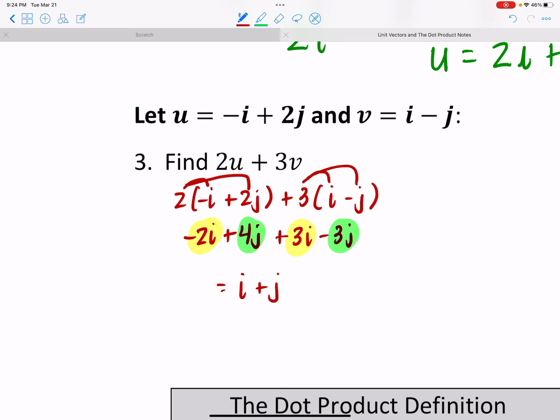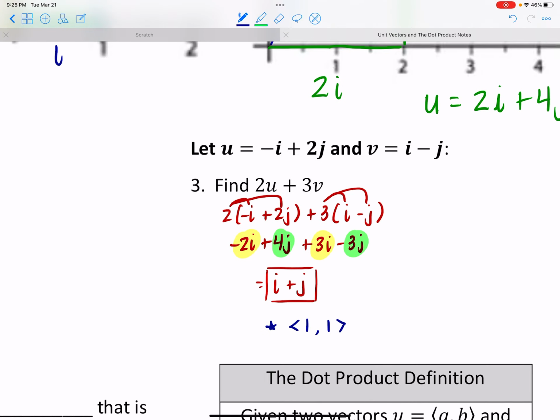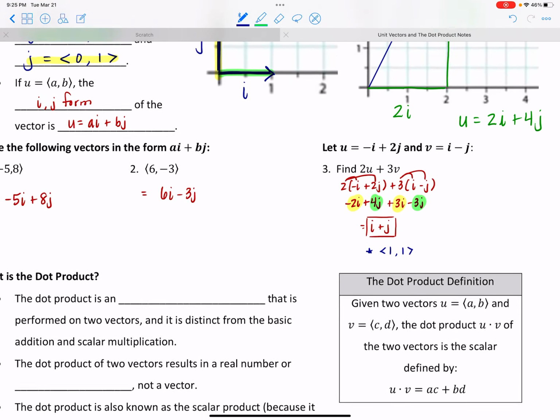So i plus j would be the result of 2u plus 3v. And then again, understand that that's the same thing as 1i and 1j, so 1, 1 in component form. So same thing, okay? Just two different ways to write it, two different ways to go through the operations, but new notation, okay? And that's really all we're going to do with that.